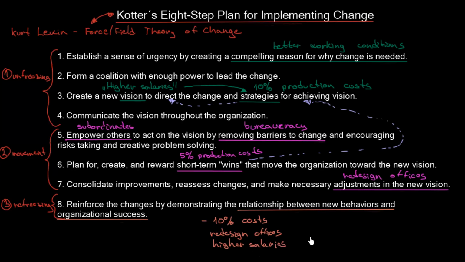We should really show and demonstrate that all these are leading to better working conditions, as this is where it all began. And so we went through Kotter's 8-step plan for implementing a change.